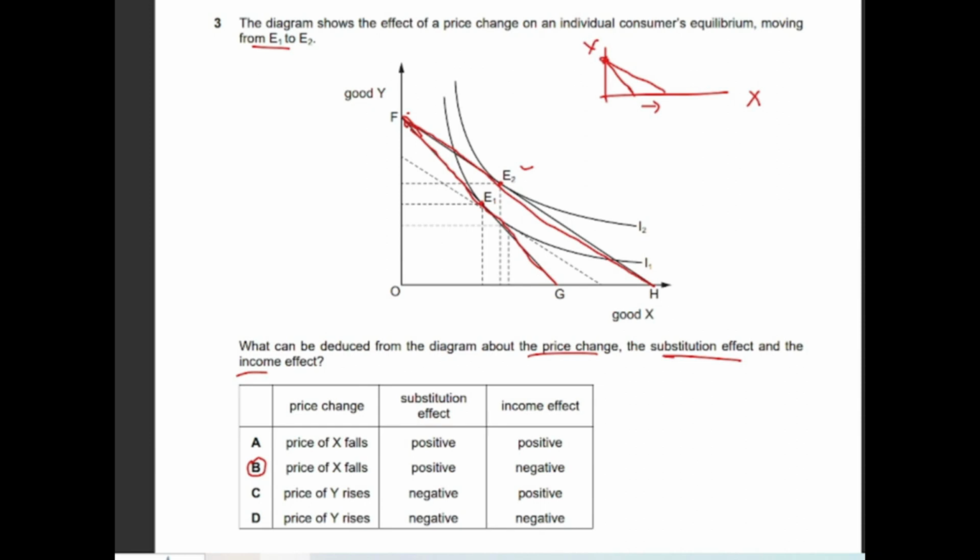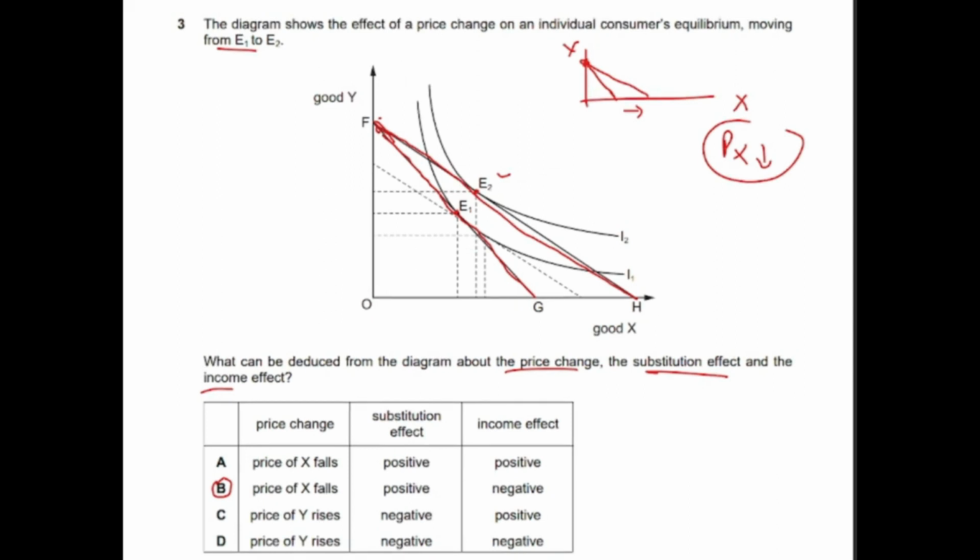In this case, you can see that the initial budget line was FG and it has shifted from FG to FH. So it shows that the price of good X has decreased, so we will pick option B. Option A also shows a fallen price of X, but the correct answer is B because the other parts of option A are not correct. The substitution effect is positive.